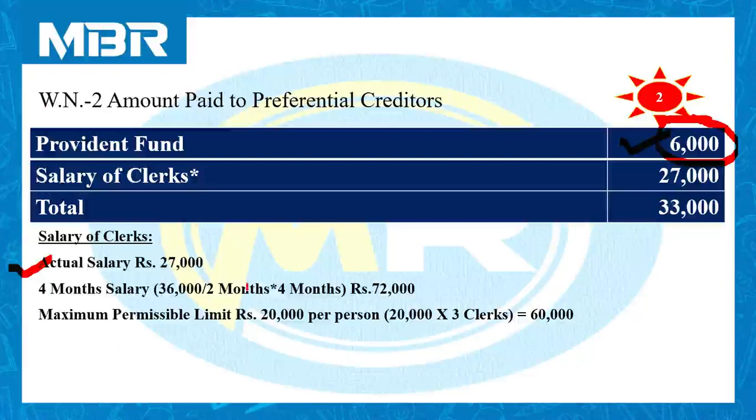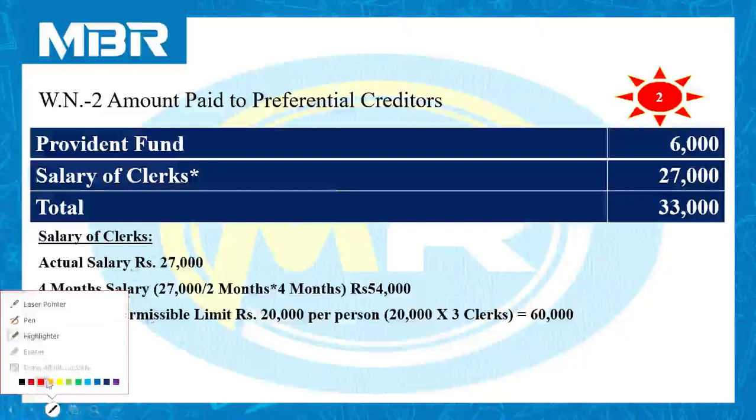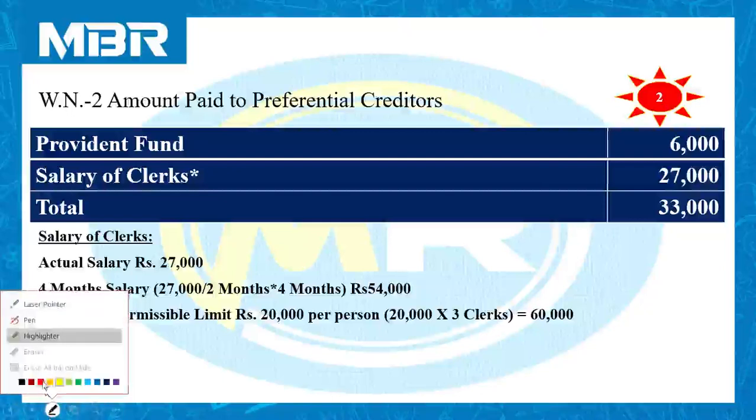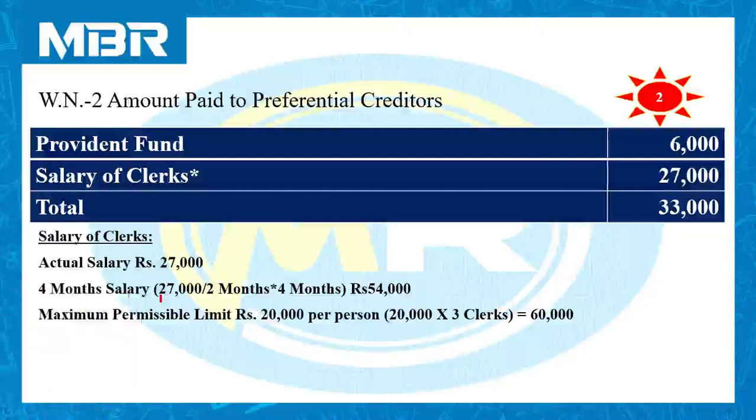Second, 4 months salary, which here is 54,000. It is very simple. As per the information given in our question, the amount of 2 months salary is rupees 27,000. So 27,000 for 2 months. So for 4 months, how much? The amount is 54,000.